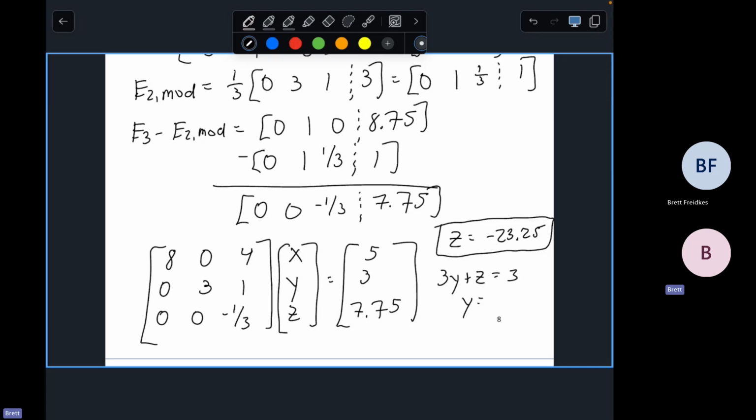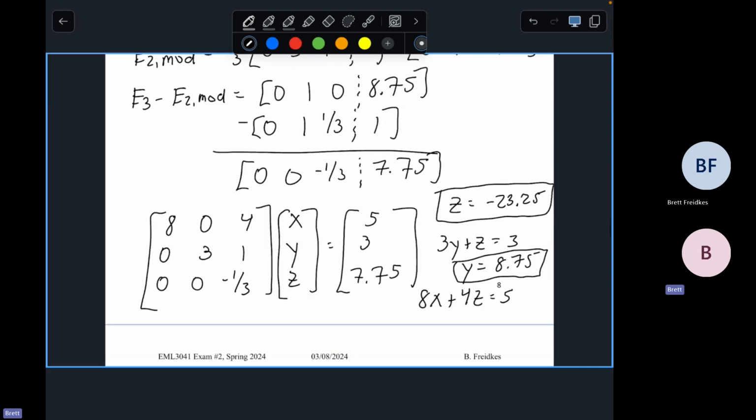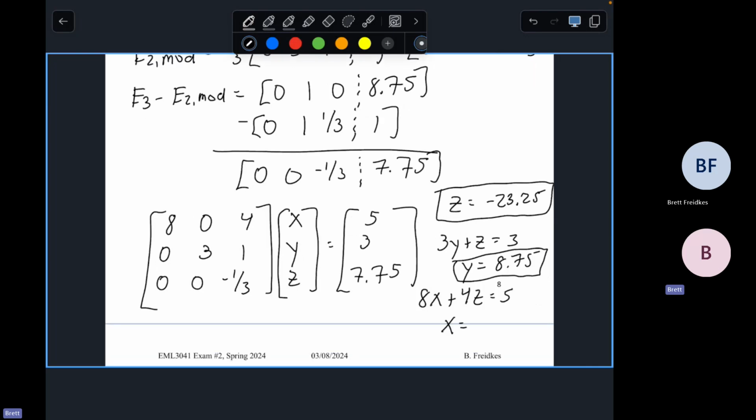What do we get for y? 8.75, which we already knew from the previous matrix. And what do we get for x? 8x plus 4z is equal to 5. What do we get for x? What'd you say? That sounds correct from what I remember.